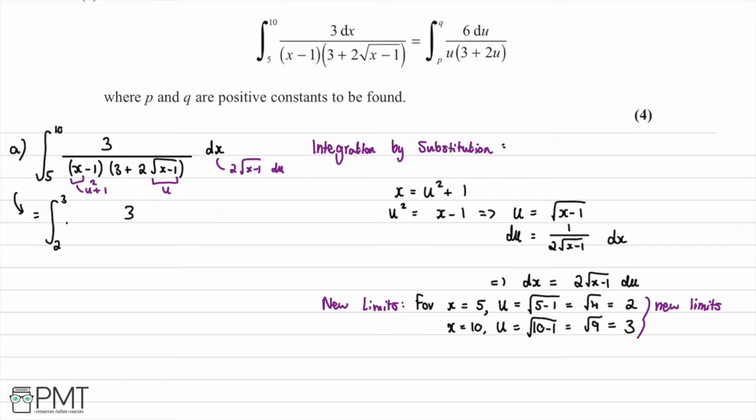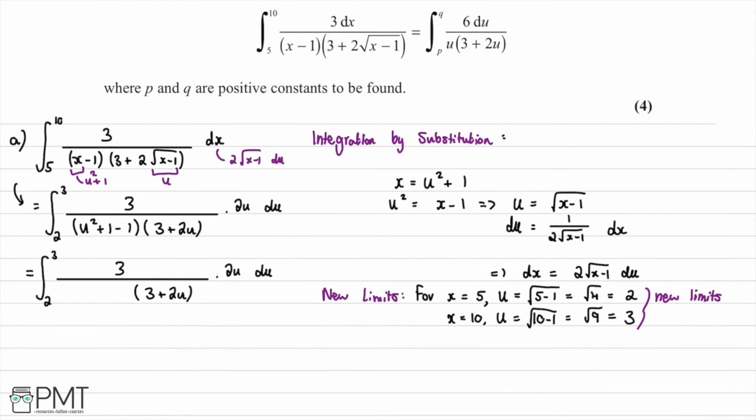So we're going to have 3, and it's going to be divided by u squared plus 1, and then we take away 1, and that all stays in this bracket. And then that is going to multiply by 3 plus 2 lots of u, and then we're going to multiply all of this by 2 lots of the square root of x minus 1, which is going to be equal to 2 lots of u, so we have 2u du.